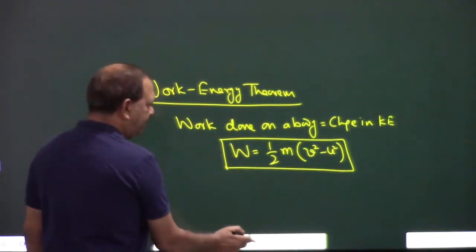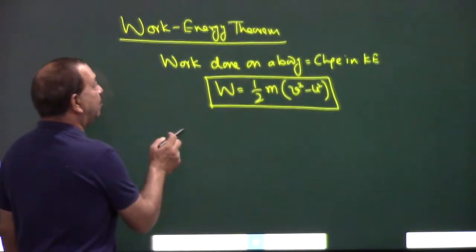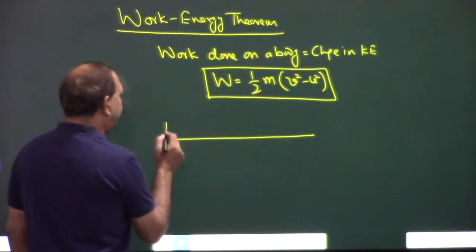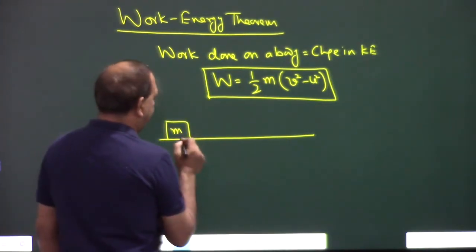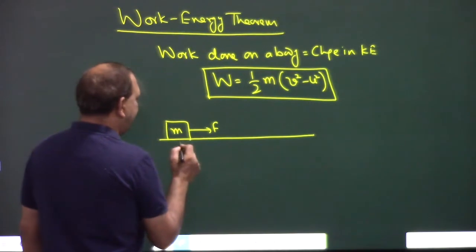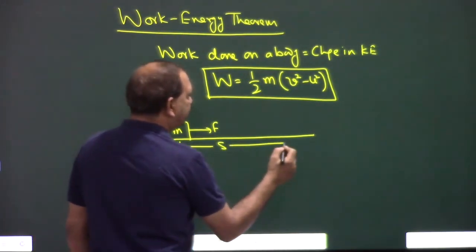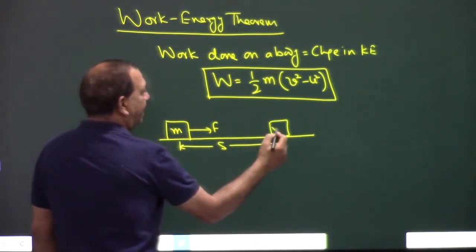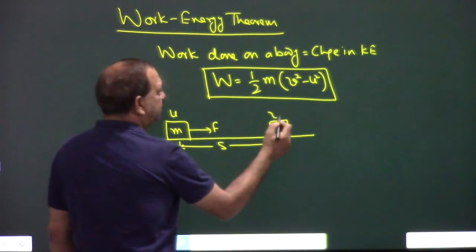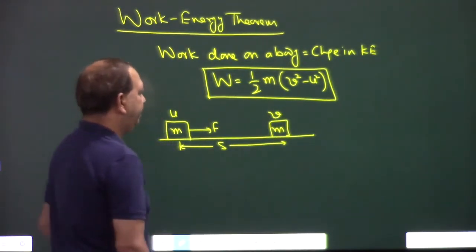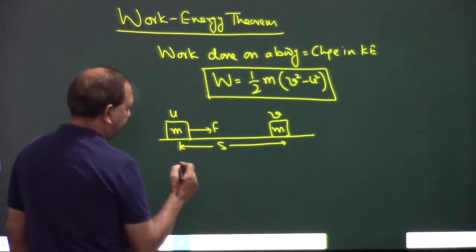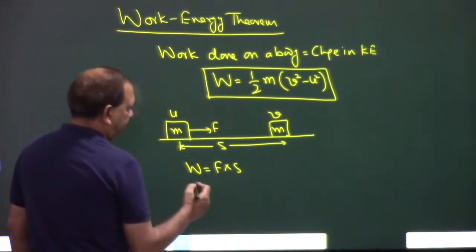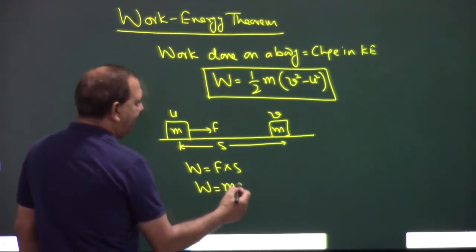We can easily prove this theorem using the same concept as we derived kinetic energy. Let us consider an object of mass m is moving with the application of force F and it is displaced by a distance s, and let during this period the speed of the object change from u to v. So work done by force is F into s, we can write this as mas.